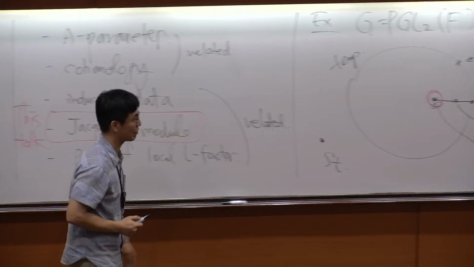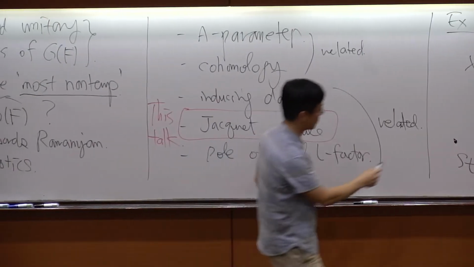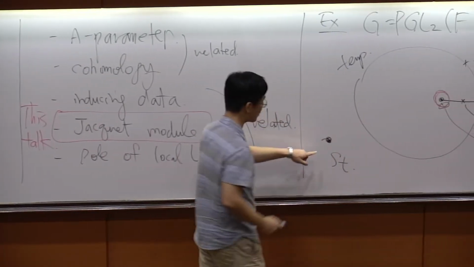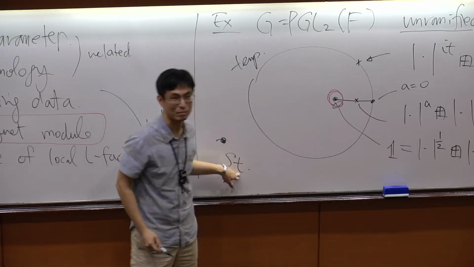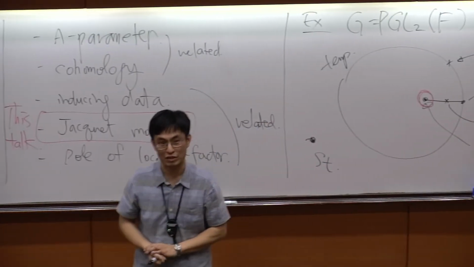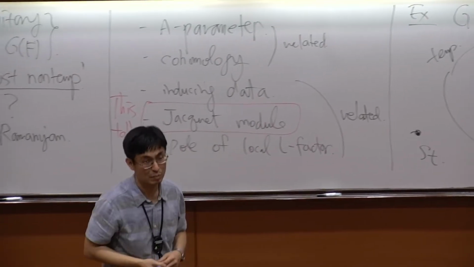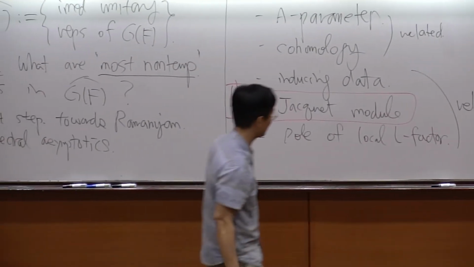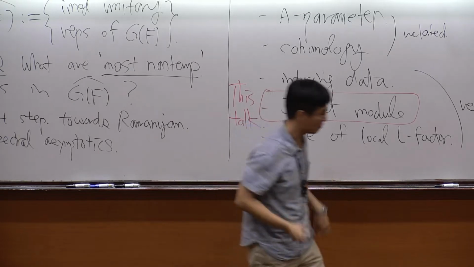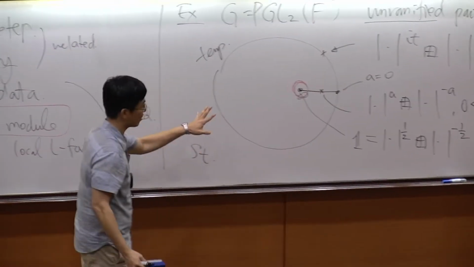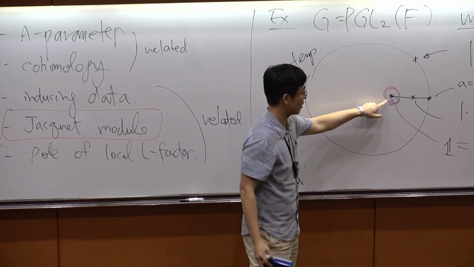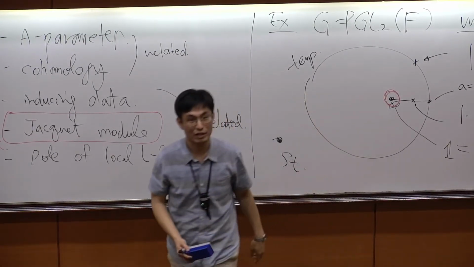That's a great comment, because we'll see how to distinguish between trivial and Steinberg. If you just look at the inducing data, they appear in the same principal series, so you don't distinguish. But when you look at the Jacquet module, we'll see the difference. Basically, I'd like to identify this one in some quantitative way.